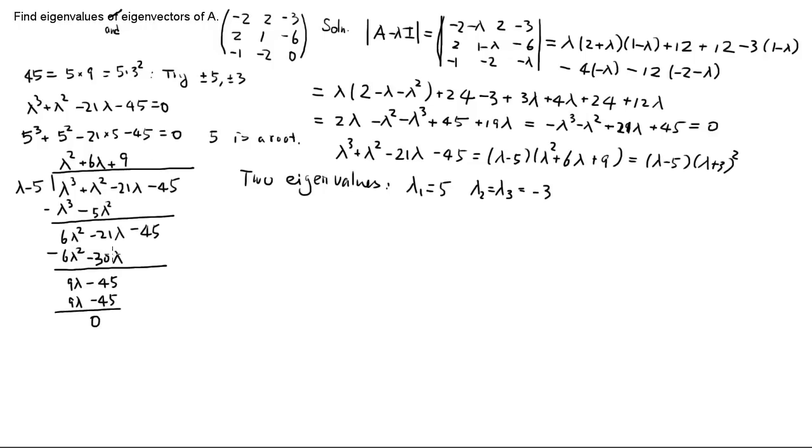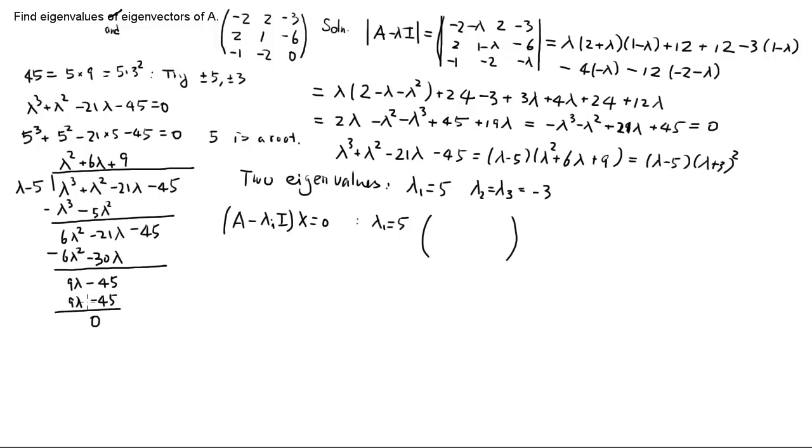Now we try to find eigenvectors. To find eigenvectors, we solve this equation over here one by one. So we have A minus lambda I, x is equal to 0. So let's look at first lambda 1 is equal to 5. So what we have over here is a linear system. We replace this lambda by 5, so we have negative 2 minus 5.